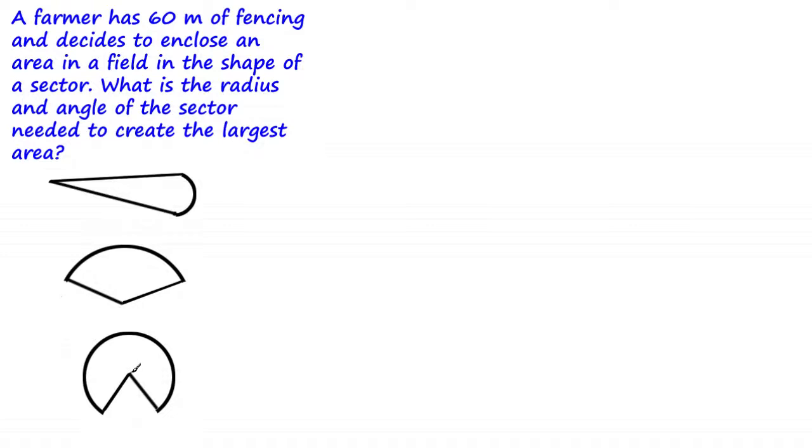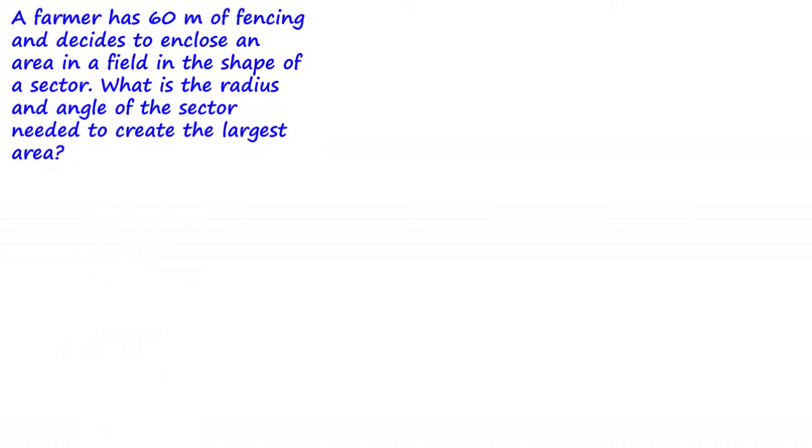So how do we do questions like this? Well, let's just take our sector in general. Let's say something like this. So I've got the radius r, I've put in the length of the arc, and I've put the angle theta subtended between the two radii. Now, what we need to do is eventually try and get an equation for the area, which I'll call A, in terms of one letter.